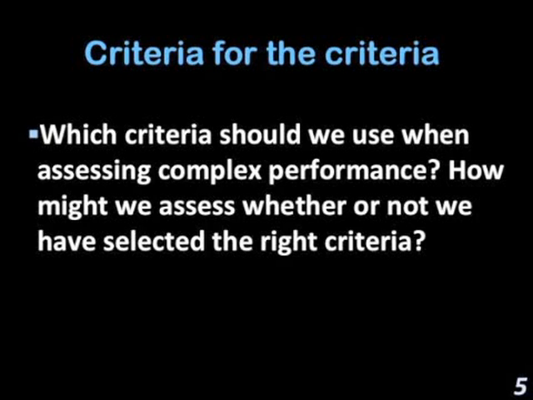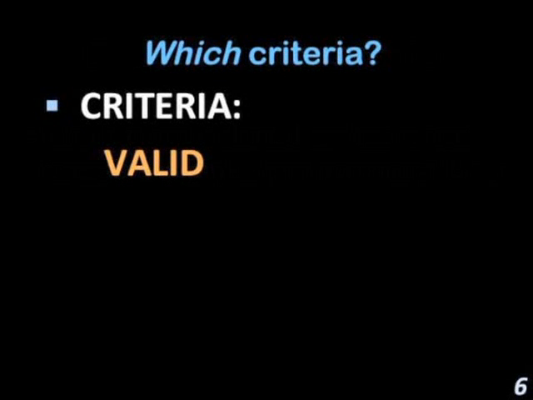So let me propose 4 criteria by which we can examine assessment criteria to determine whether they're the right ones. The first criterion is valid. The criteria have to be valid. They have to make sense in terms of what the performance is, to make sure we're looking at the right things and not trivial, inappropriate, or arbitrary ones.